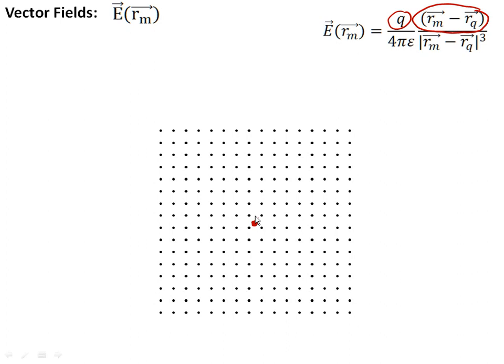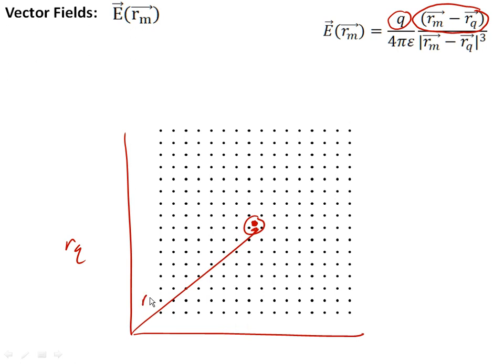So this point in space right here where I've drawn that is pointed at, let's draw our set of coordinate axes here, by the vector r sub q, and we know the electric field at some point r sub m, so let's write r sub m to represent that point, essentially, is proportional to the difference between these vectors, in other words, that way, divided by the magnitude, the length of those vectors cubed.